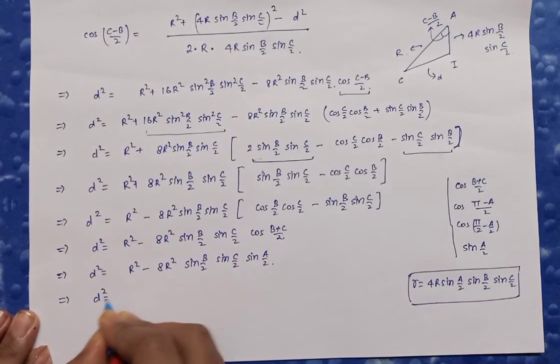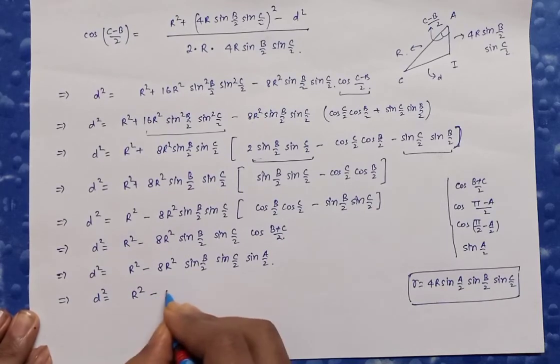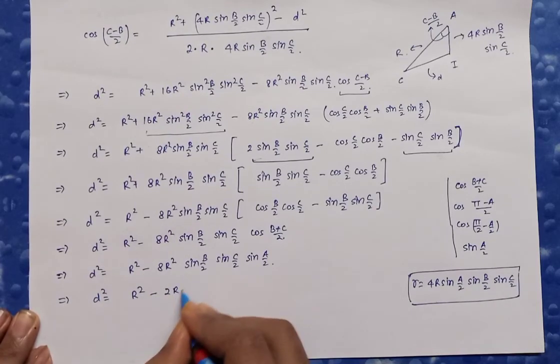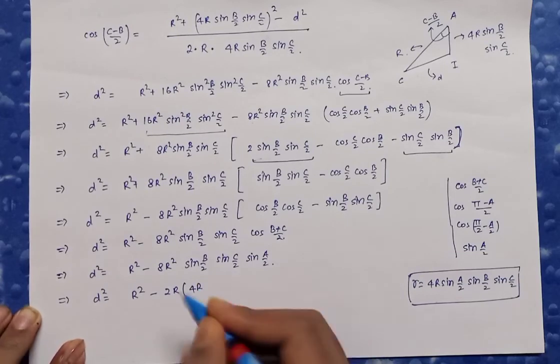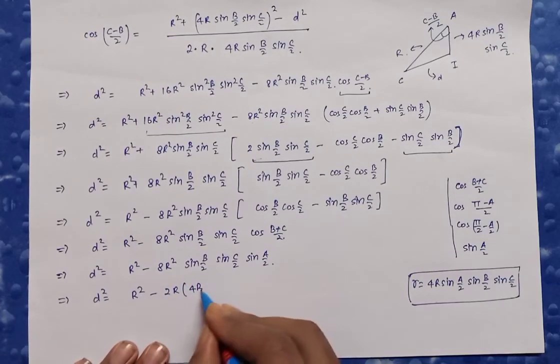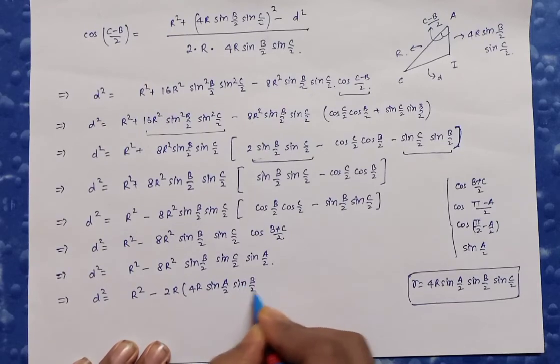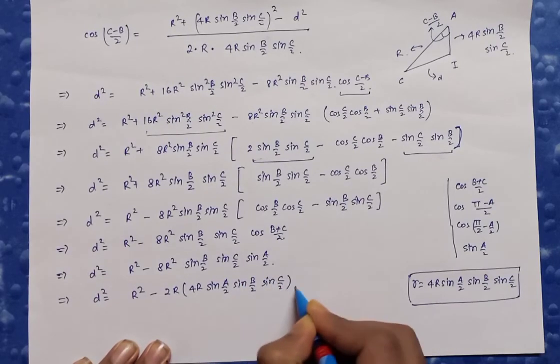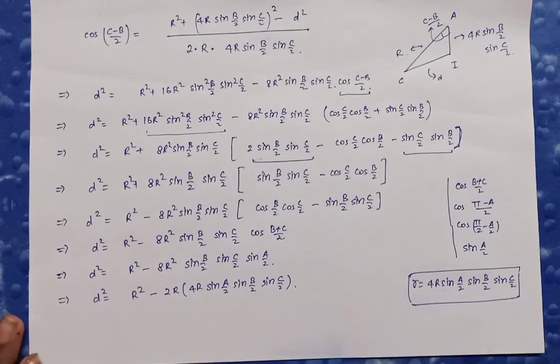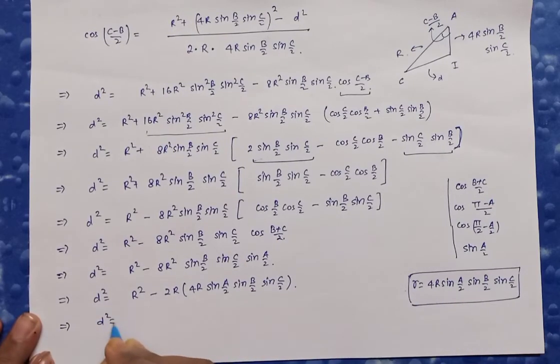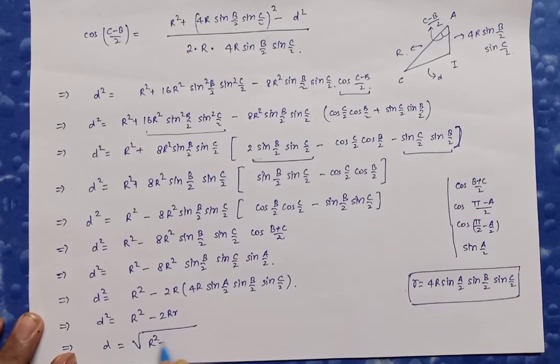So d² equals R² minus, just factorizing like that, 2R times 4R sin(A/2) sin(B/2) sin(C/2). So clearly it is visible that it is small r. So d² equals R² minus 2R times small r. So the distance is nothing but the square root of R² minus 2Rr.